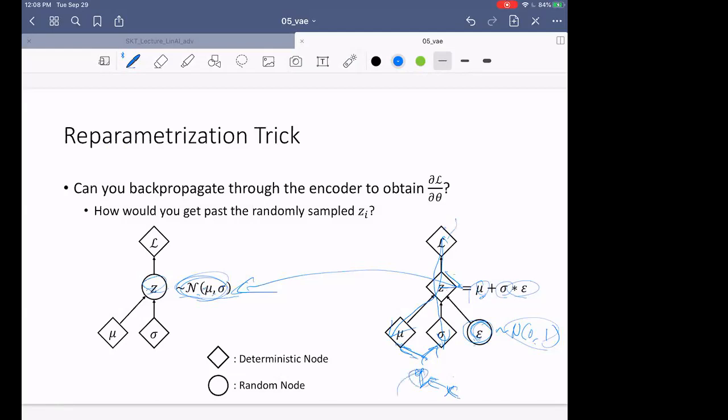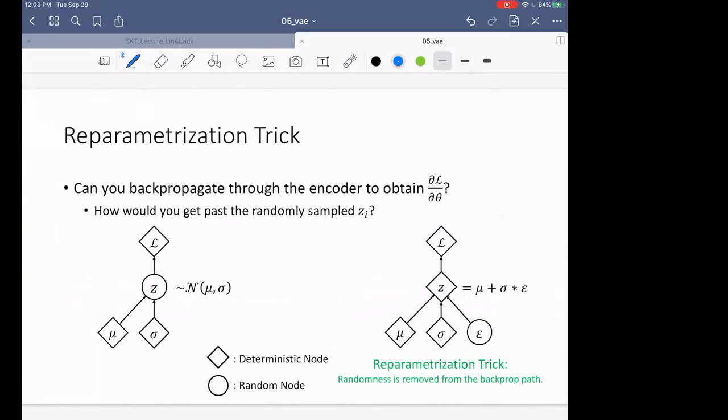The learnable parameter is here in the form of theta. So you don't need any backpropagation to this side. You only need to go here, and everything is now deterministic. Now you can happily do backpropagation, all thanks to pushing the randomness outside the backpropagation chain. So this is called the reparametrization trick. Randomness is removed from the backprop path.